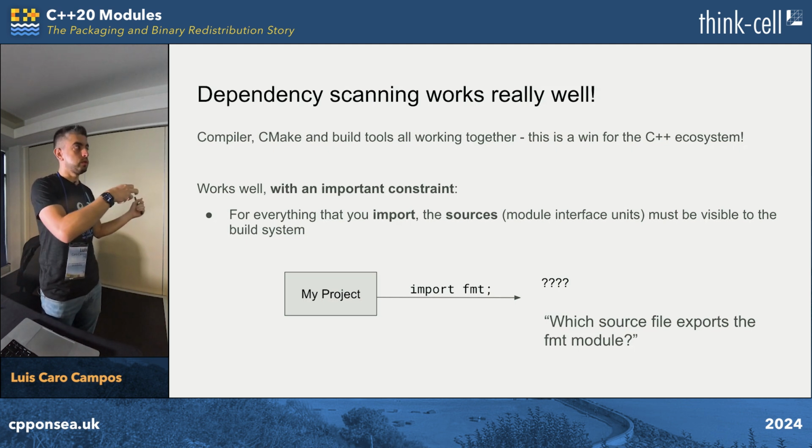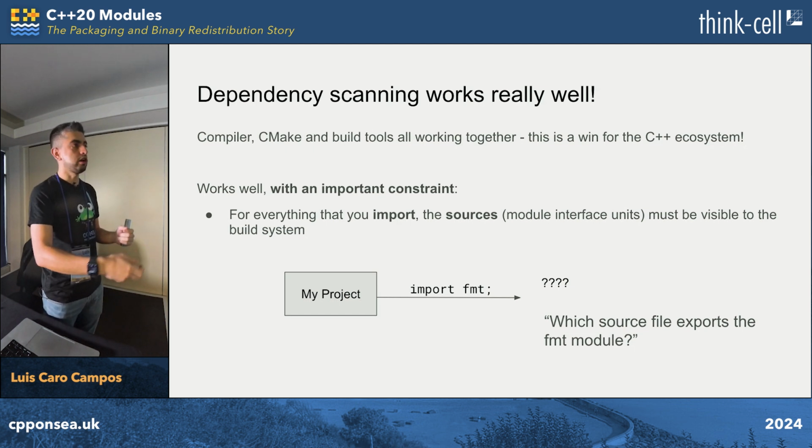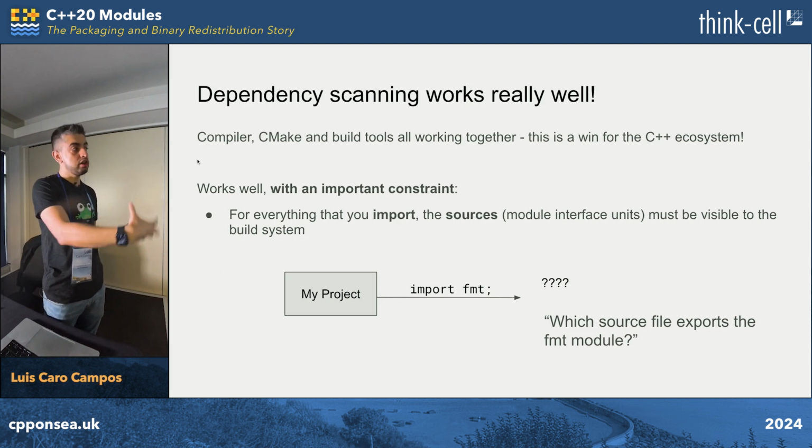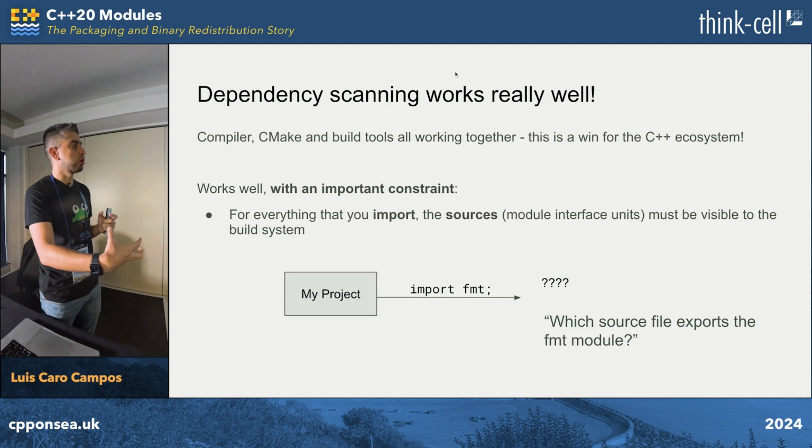We need the build system, in this case CMake, to be able to coordinate those invocations to the compiler based on the sources that it knows about. And we also needed Ninja to support reordering the build based on the information. So this is huge. It actually took a lot of coordination, and it was really nice to see the discussions happening, whether in mailing lists or issue trackers, and how things were coming together.